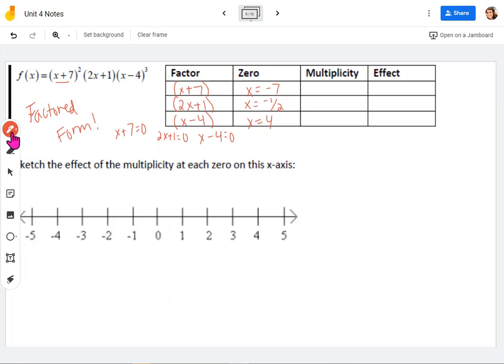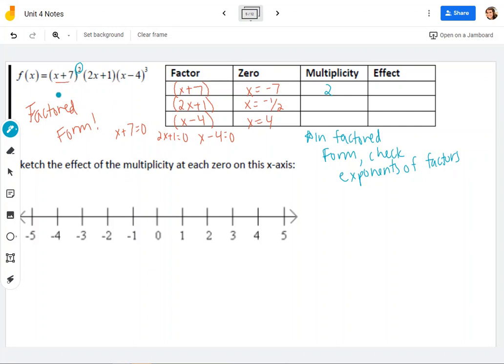Now that we have the zeros, we need to find the multiplicity. So for the multiplicity, when we're in factored form, we want to look at the exponents of the factors. In factored form, check exponents of factors. So x plus 7 has an exponent of 2, meaning the multiplicity is 2.